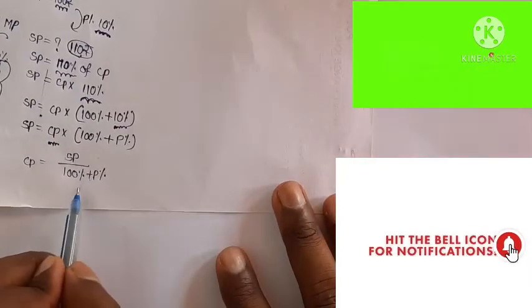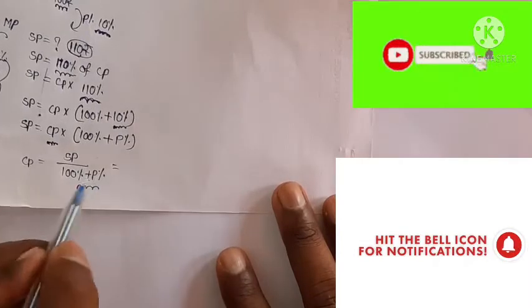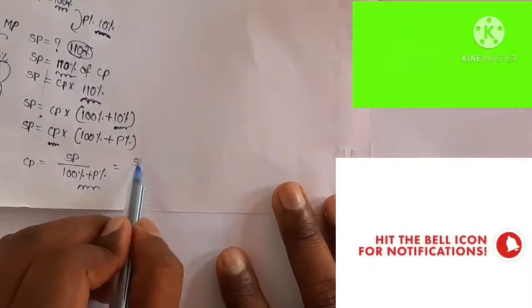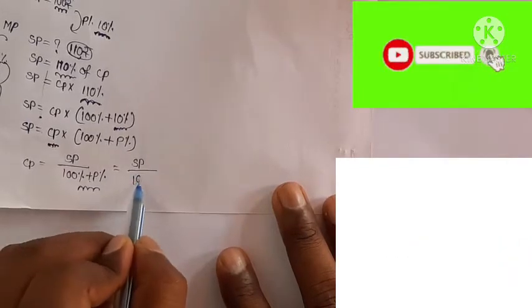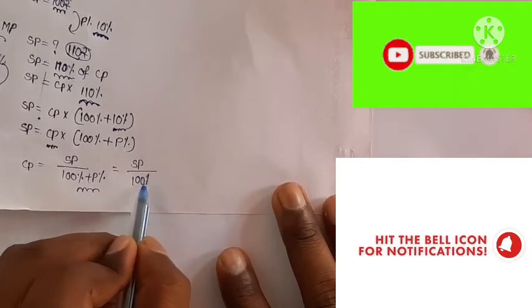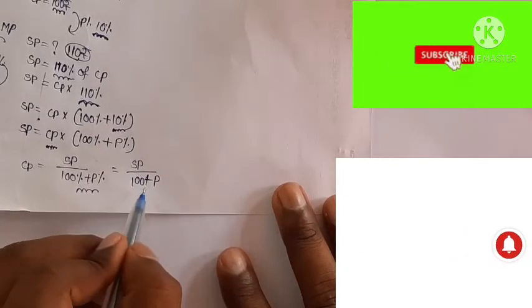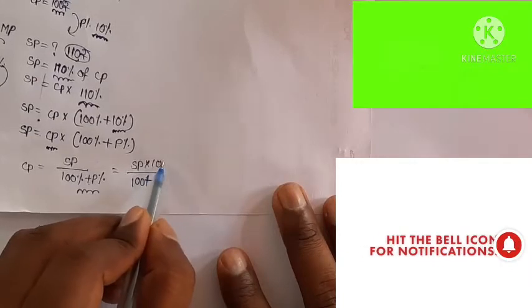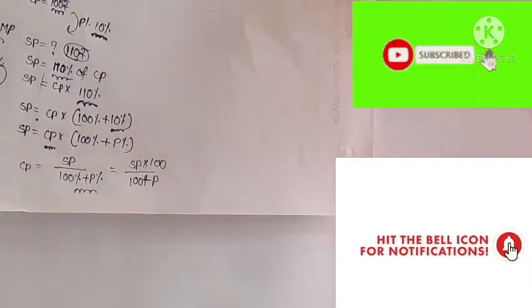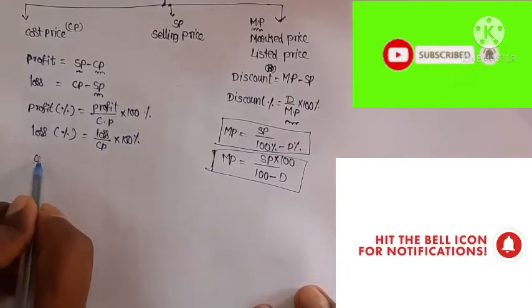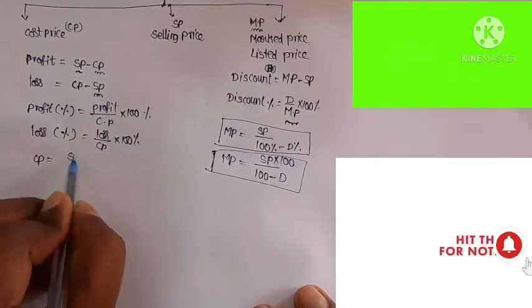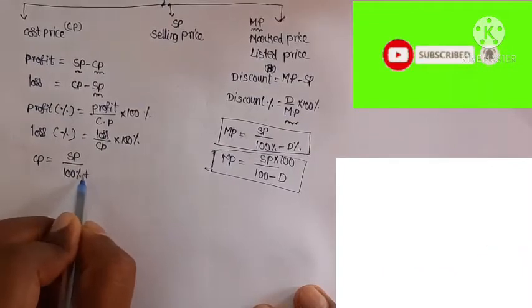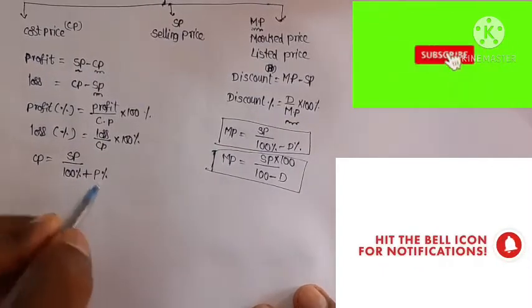Removing the percentage, by percentage means by 100, so this value is equal to SP into 100 by 100 plus profit.